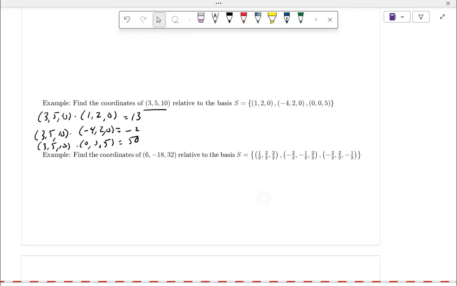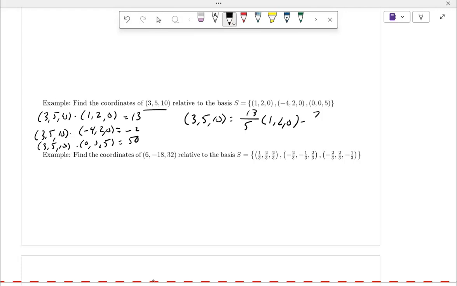Okay. So then when we take the 3, 5, 10, that will be 13 over, I need to do the inner product of the first vector with itself. The inner product of the first vector with itself will be 1 plus 4, so we get 5. So we get 13 over 5 times 1, 2, 0. It should be a minus.